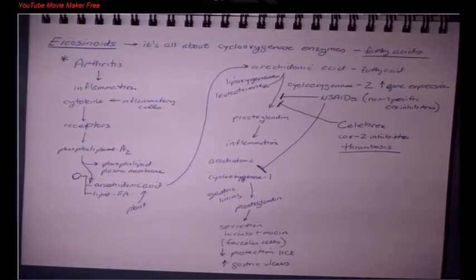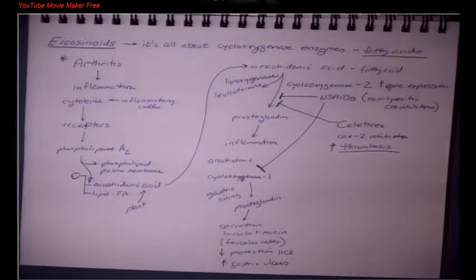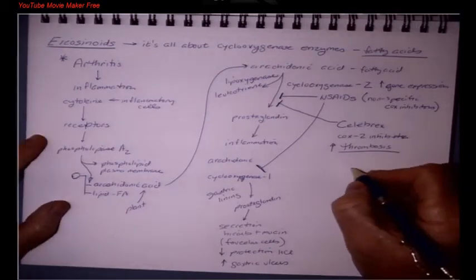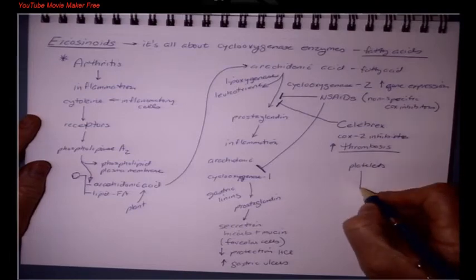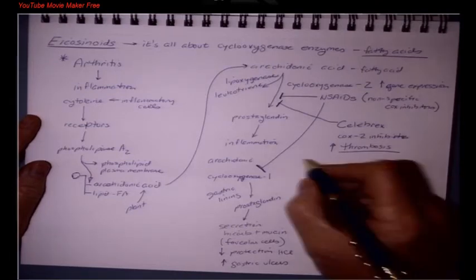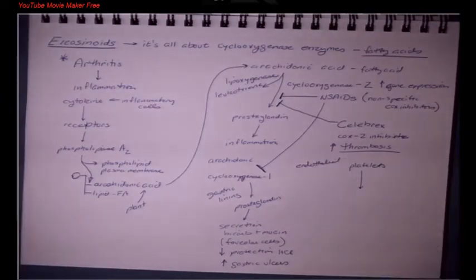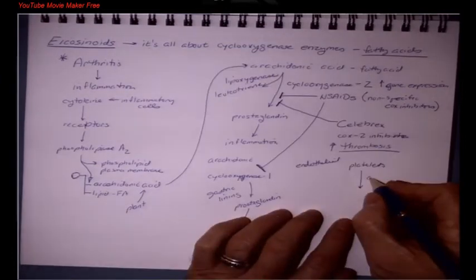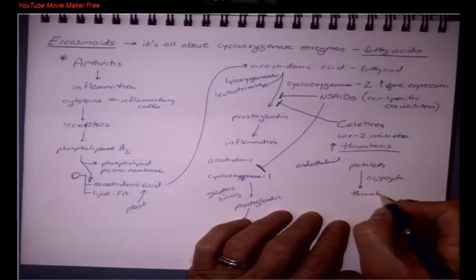Yeah. So what's going on here with Celebrex that is increasing our risk for thrombotic disease? Well, if we look at platelets, platelets' jobs are to aggregate. And if these aggregate, this leads to our thrombosis.